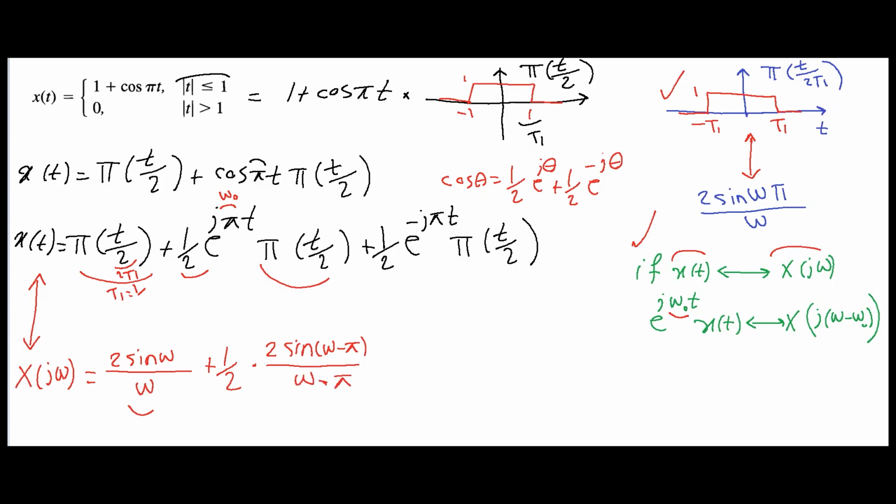Similarly, for 1/2 e to the power of minus j pi t multiplied by pulse, the frequency shift is minus pi. So the Fourier transform becomes 1/2 multiplied by 2 sine of omega plus pi divided by omega plus pi.